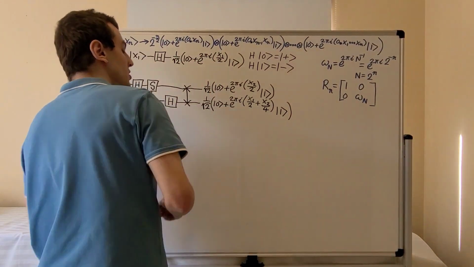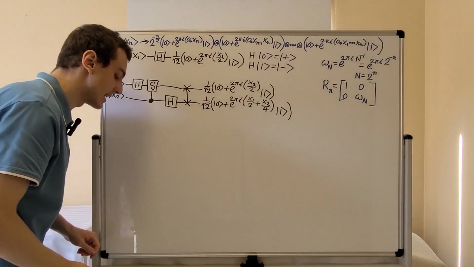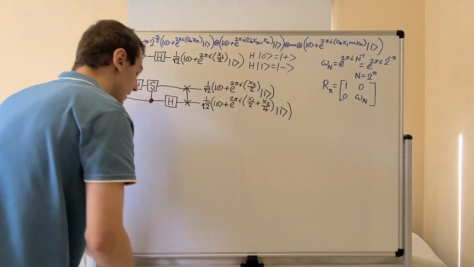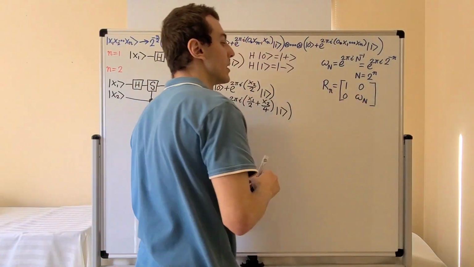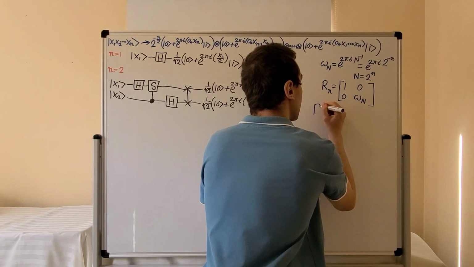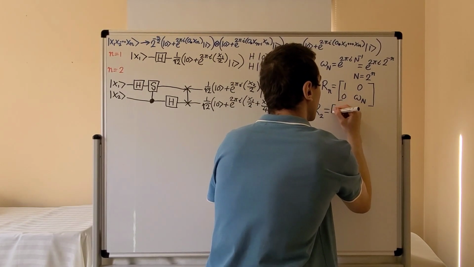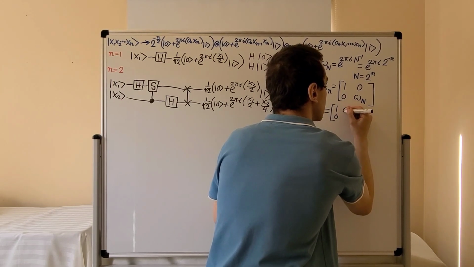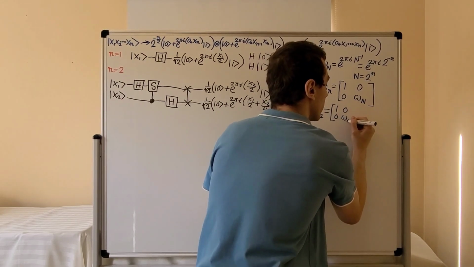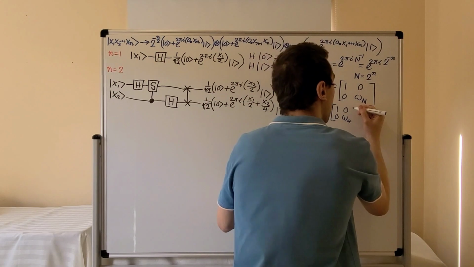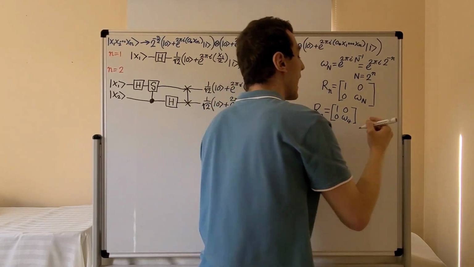So let's elaborate on what this S gate is actually doing, because this is related to this definition up here. If we consider the case where this little n is equal to 2, then we're going to have 1, 0, 0, omega 4. Okay, so we have omega 4, and omega 4 is actually equal to i.